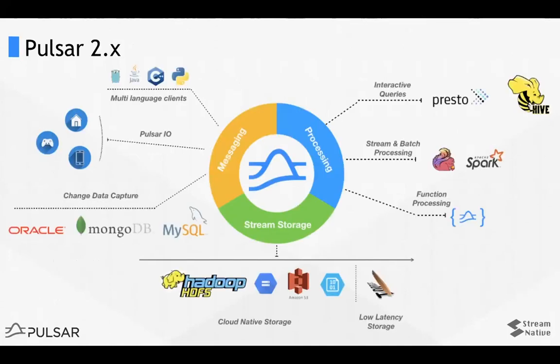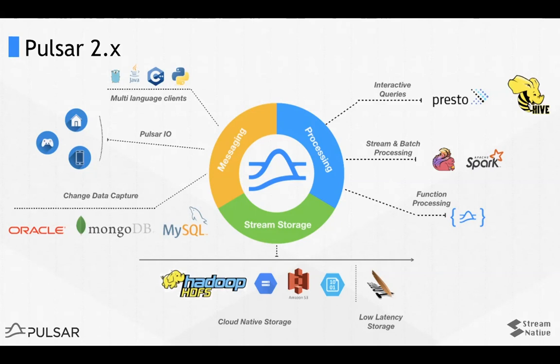After getting into the Apache Incubator and graduating as a top level project, we added a lot of features into Pulsar, so it became more than just Pulsar messaging; it became more like an event streaming platform. For example, in the storage layer, we introduced a concept called tiered storage.